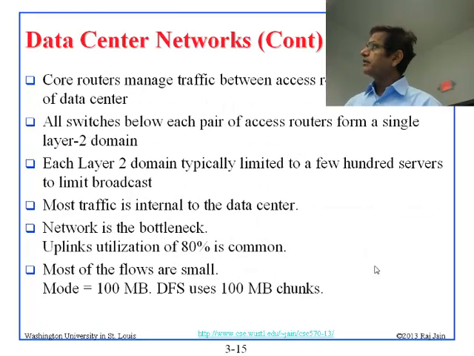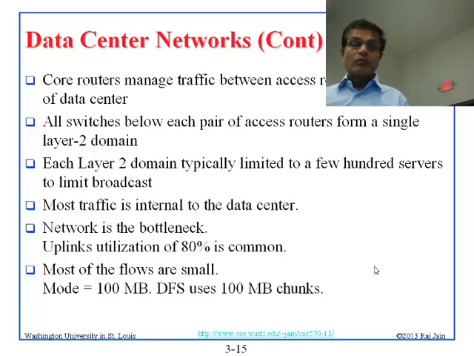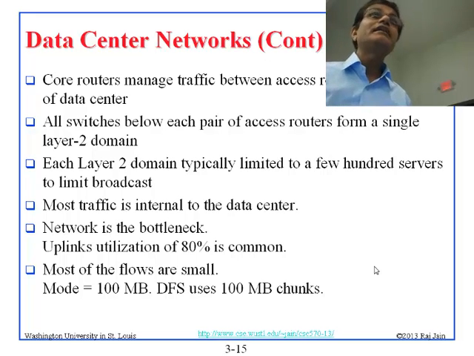So that is the important point to notice. Most traffic is internal to the data center, and the network is the bottleneck. Some of the links have utilization of 80%, and most of the flows are small. The Microsoft guys did some measurements that the mode of the flows is 100 megabyte. What is a mode? Anybody know what a median is?